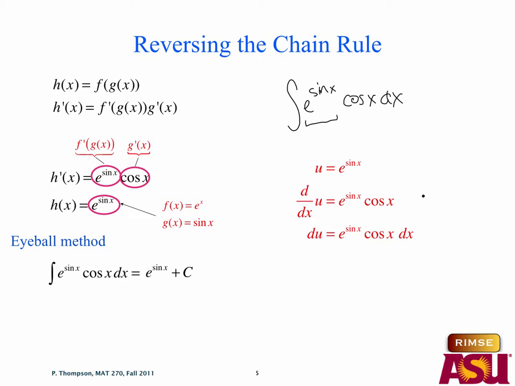I'm using our meaning for rate of change here: this gives me the rate of change of U, computed using this formula. I'm using our interpretation of that to rewrite: little changes in U are the rate times little changes in x. Now notice that this precisely gives me the thing that I started with in my entire integral. So I could rewrite this integral as the integral of du.